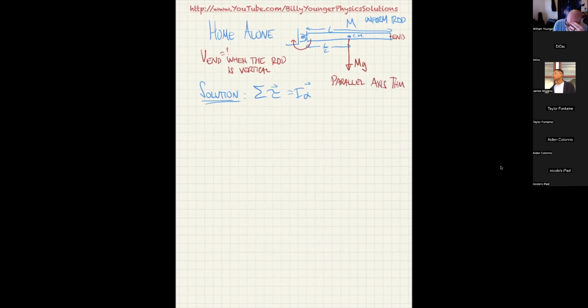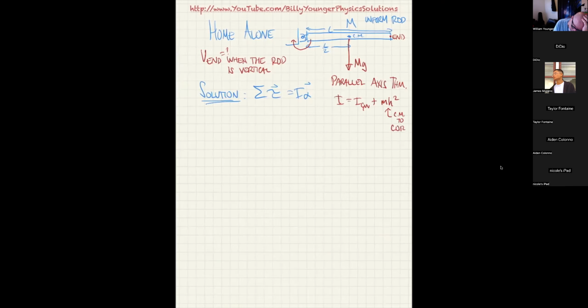That says basically the moment of inertia about any point is equal to the moment of inertia about the center of mass plus m times h squared, where h is the distance between the center of mass and the center of rotation.